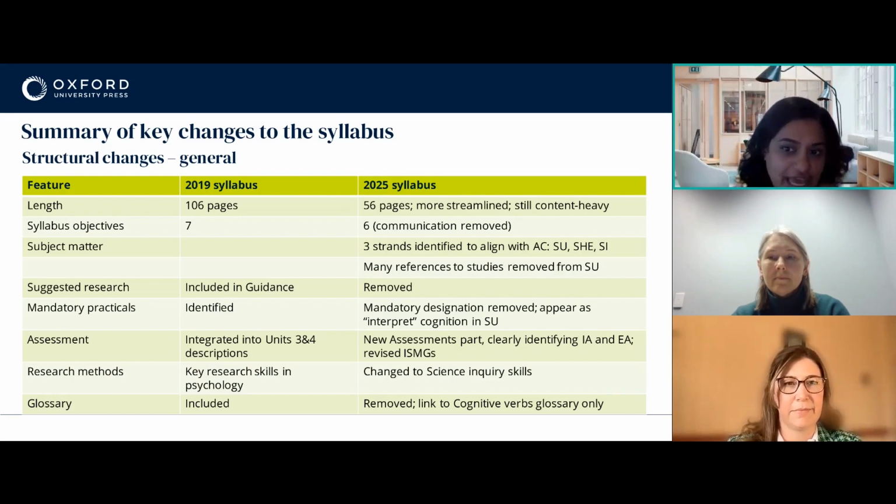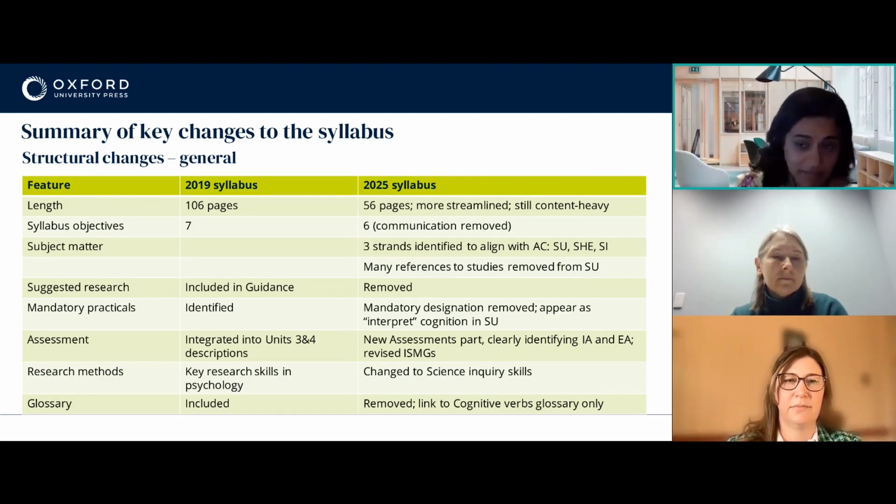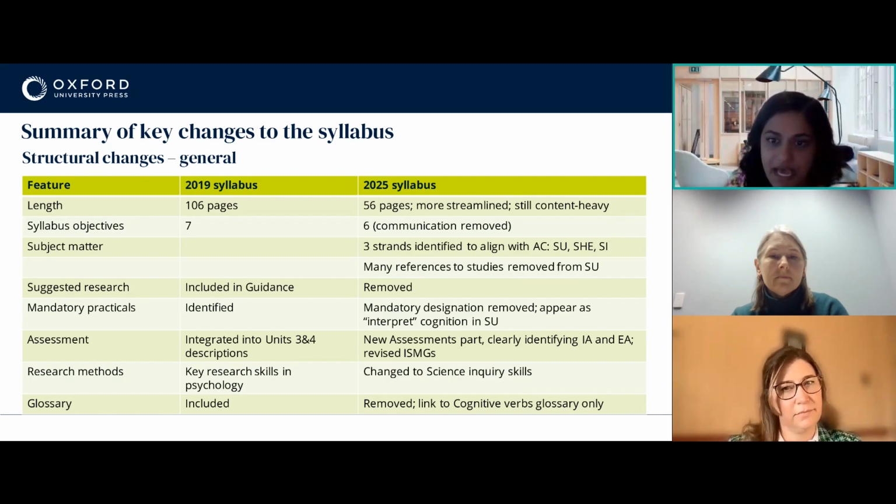So the communication objective has been removed. And there's been a restructure for all the sciences to align with the Australian curriculum. So you've got science understanding, science as a human endeavour remains, and science inquiry, and that's reflected in all the sciences in QCAA.